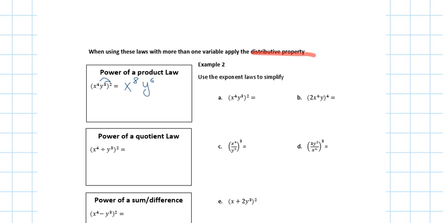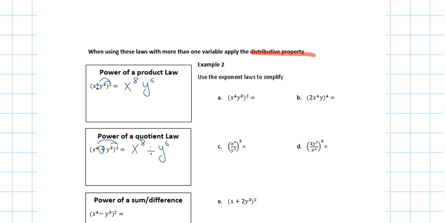So remember that I have a product here. I have a multiplication to start with inside my bracket. Okay? I can do that. Same with division. If I have a division inside my bracket, I can still do the distributive property, and that would be x to the power of 8 divided by y to the power of 6.